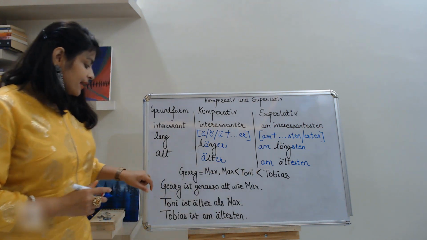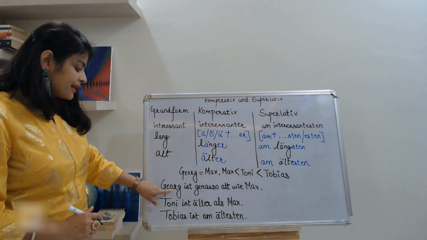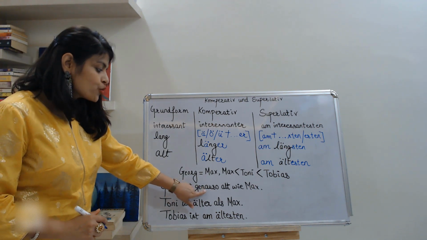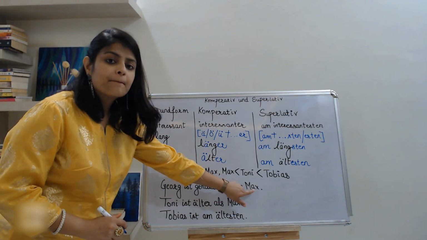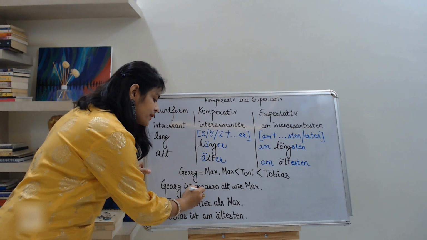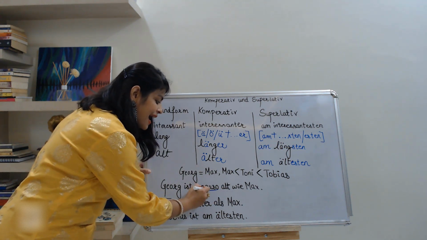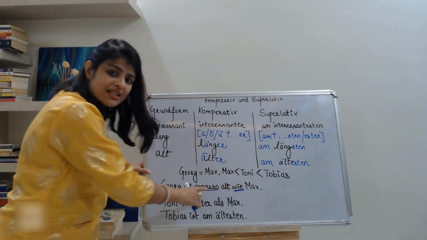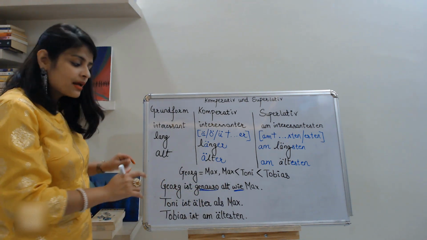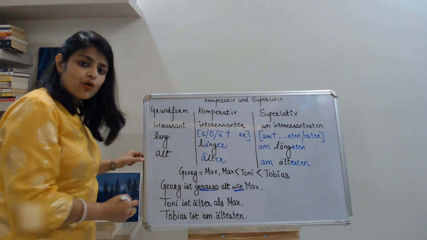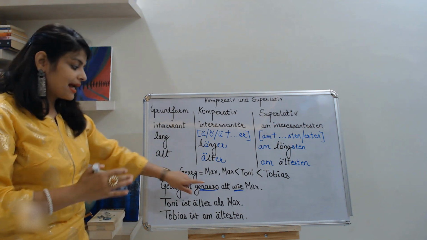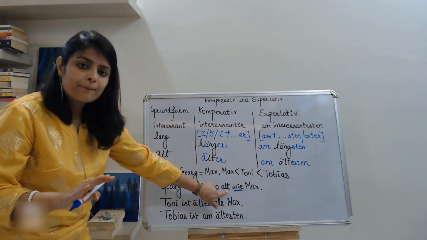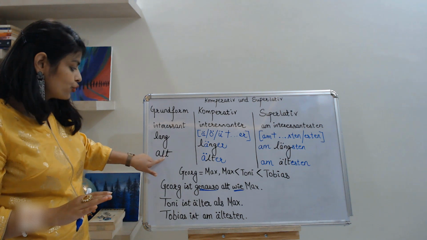So then the sentence would be here, Georg ist genauso alt wie Max. Genauso means as old as. So you have to use wie, which means there is no comparison, and also genauso. And because it is no comparison, hence we'll be using Grundform.